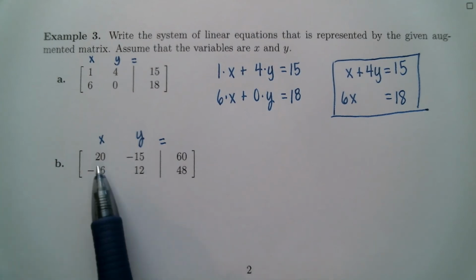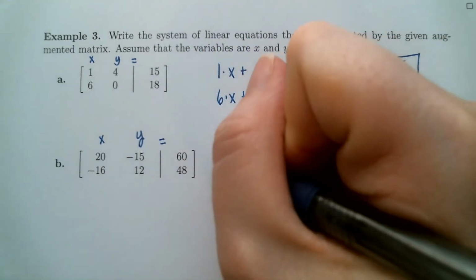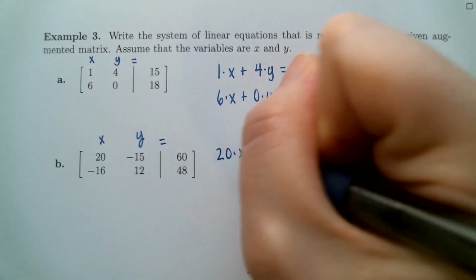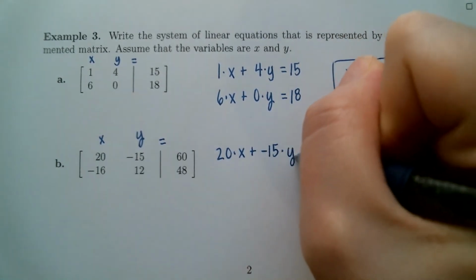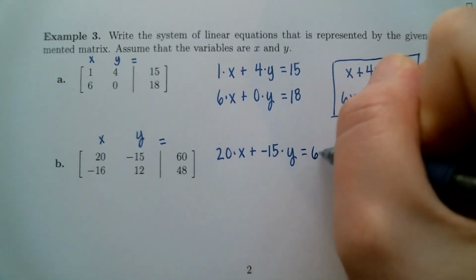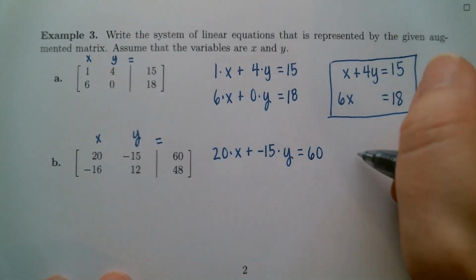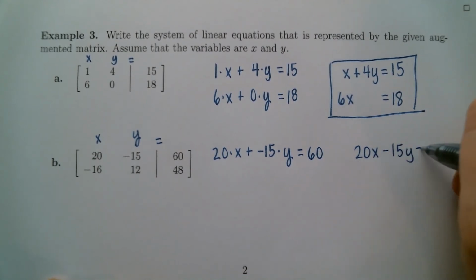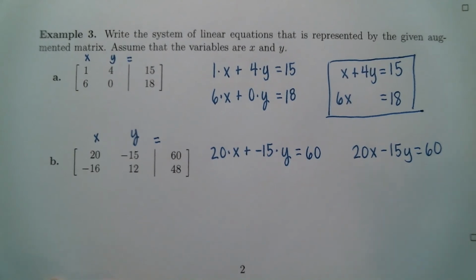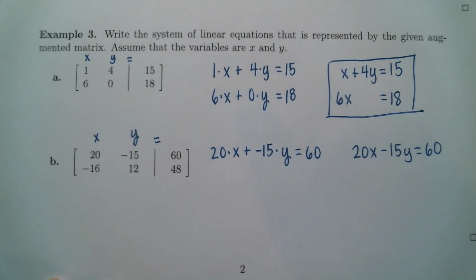So let's look at 20, negative 15, and 60. That's going to turn into 20 times x plus a negative 15 times y is equal to 60. So if we clean that up, this is going to be 20x minus 15y is equal to 60. And then the second equation, negative 16, 12, and 48.